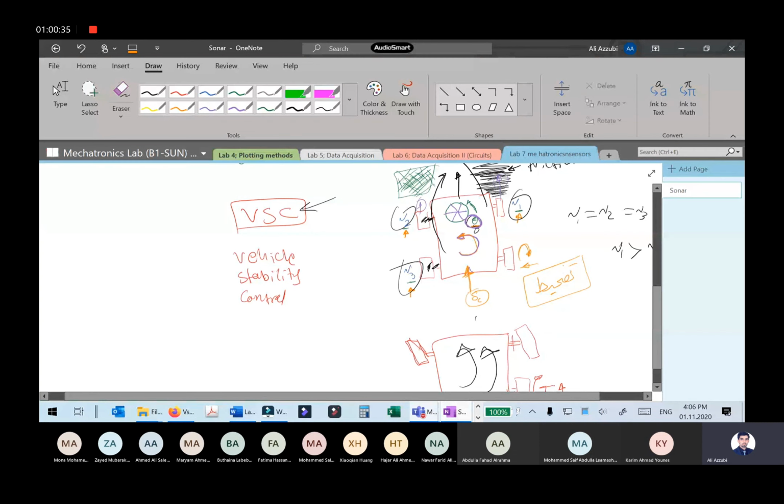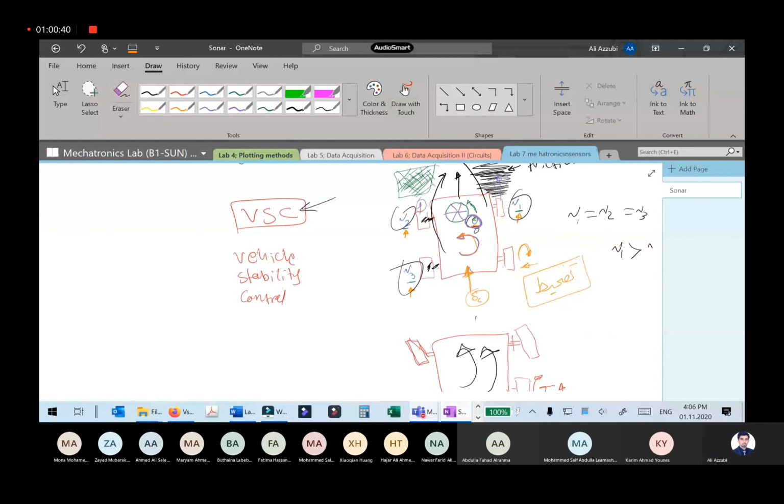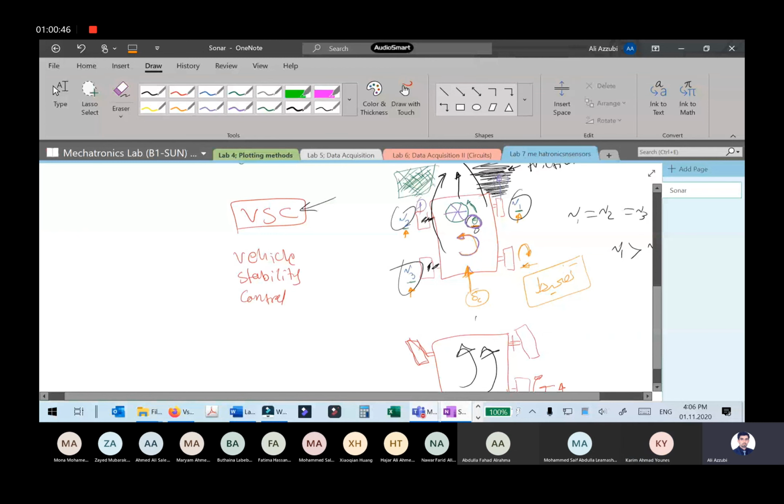So the traction control system will make sure that the wheel here is not spinning, so you don't get wheel spin. The speed of these wheels shouldn't be different from the speed of the car.